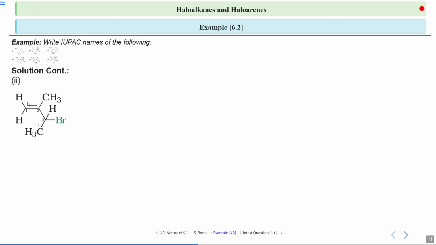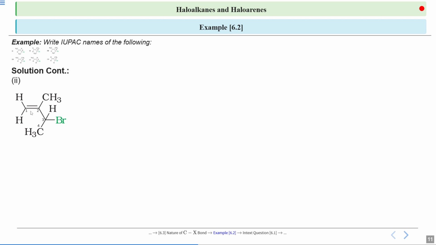But if you start from this carbon and then move to the 2nd carbon, which also has the double bond, then the lowest possible number gained by the double bond is 1. So 1 is lower than 2, right? So we will consider this parent chain that is already marked.